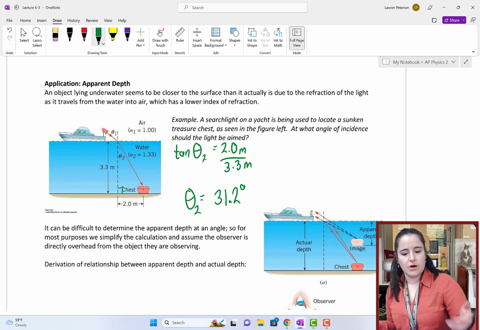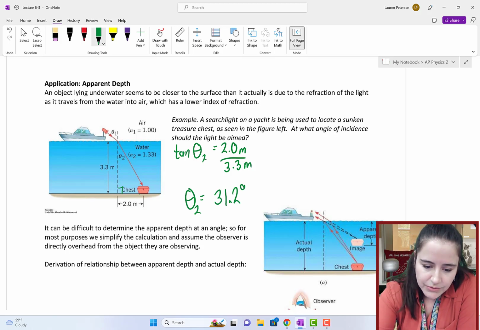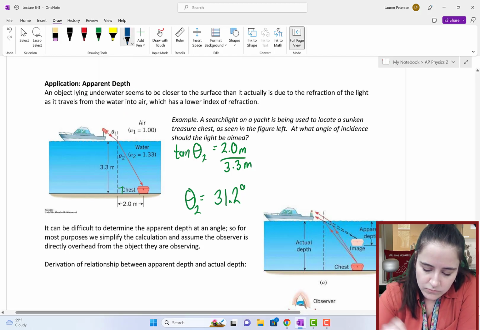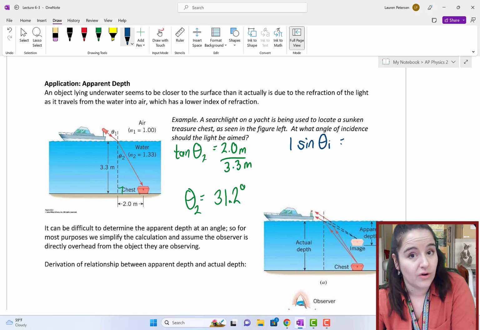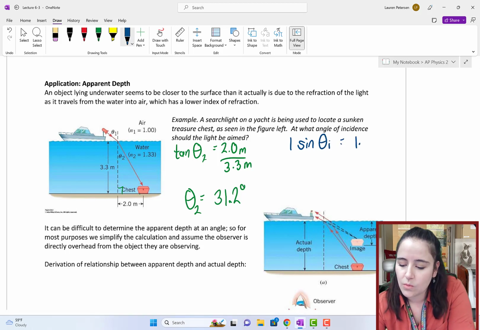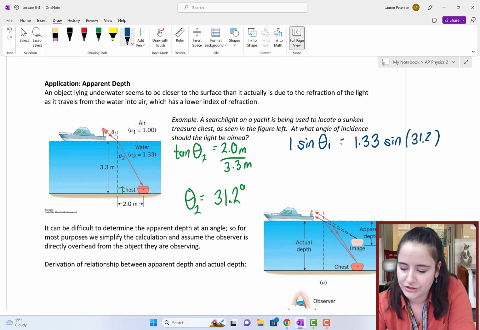So if I want to know my angle of incidence, I can just use Snell's law, okay? So I have N1, which is 1, times the sine of theta 1, that's what I'm looking for, the angle of incidence, equals 1.33 times the sine of 31.2.